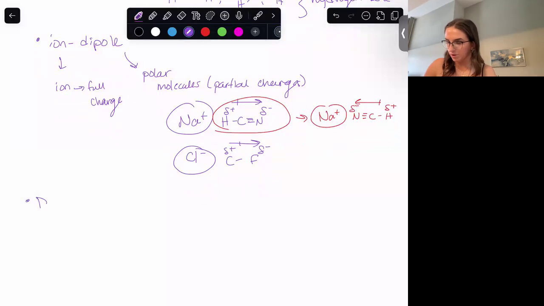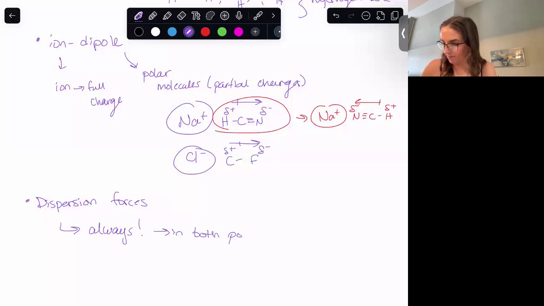Okay. Someone said dispersion forces. When do these occur? Yes. Yep. These are always happening. These are in both polar and non-polar compounds.